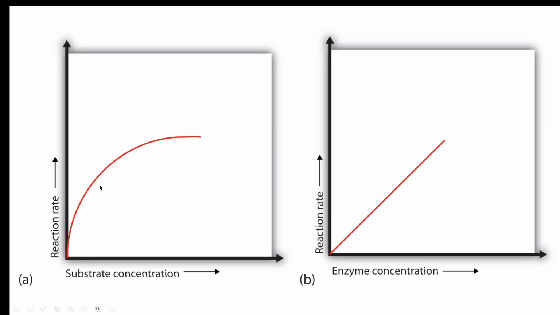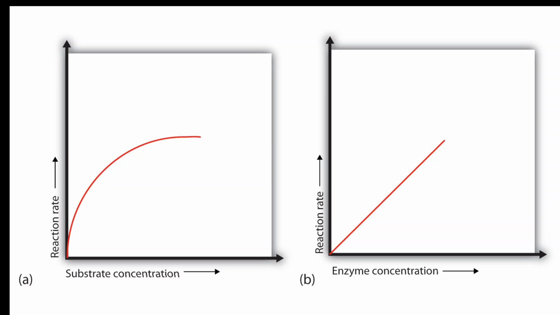Think of it like an analogy of people working on an assembly line. Just because you have more materials available for the assembly line doesn't mean you're going to output more product unless you have more workers to convert the materials into a product. So this graph shows how eventually there will be a maximum, they call it a maximum velocity, of the enzyme's ability to do work, just because there's a specific number of enzymes that exist.